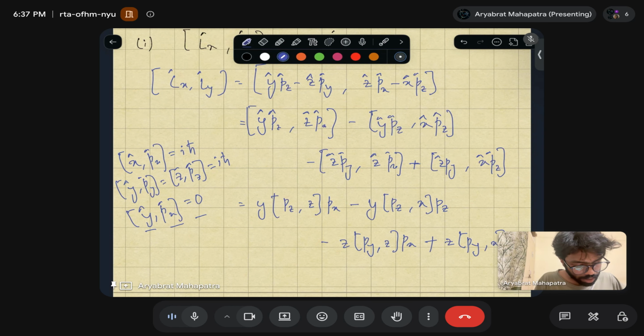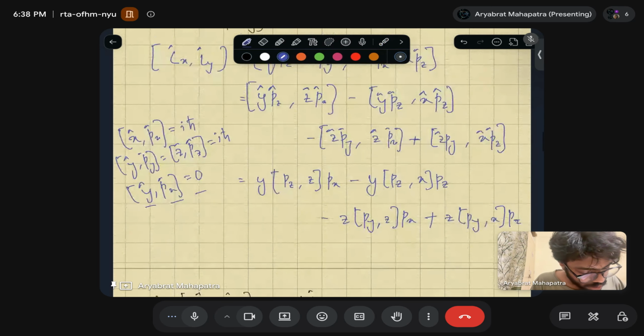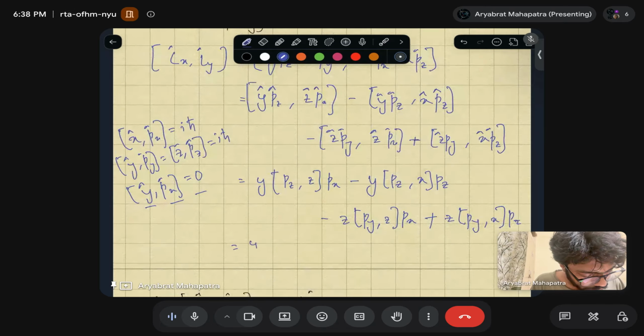Now I can use these commutation relations here. If you see, this will give me i h bar, so I will get minus i h bar px.